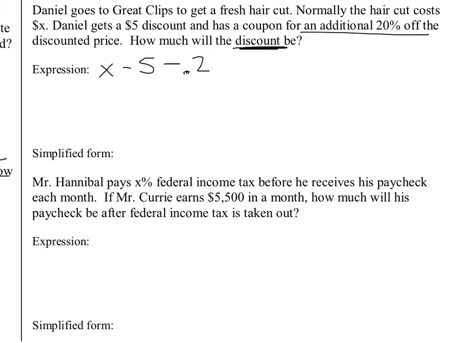This is 20% off the discounted price. 20% of what? 20% of X minus 5. 20% of the discounted price, 20% of the price after we took away the $5. Make sure that you're absolutely clear why we wrote it like this and why we did not just write it with X.